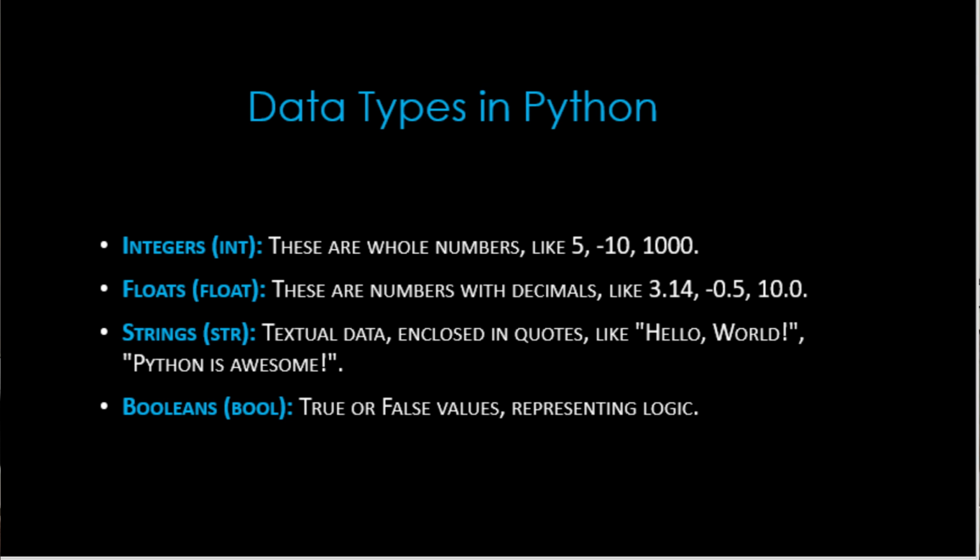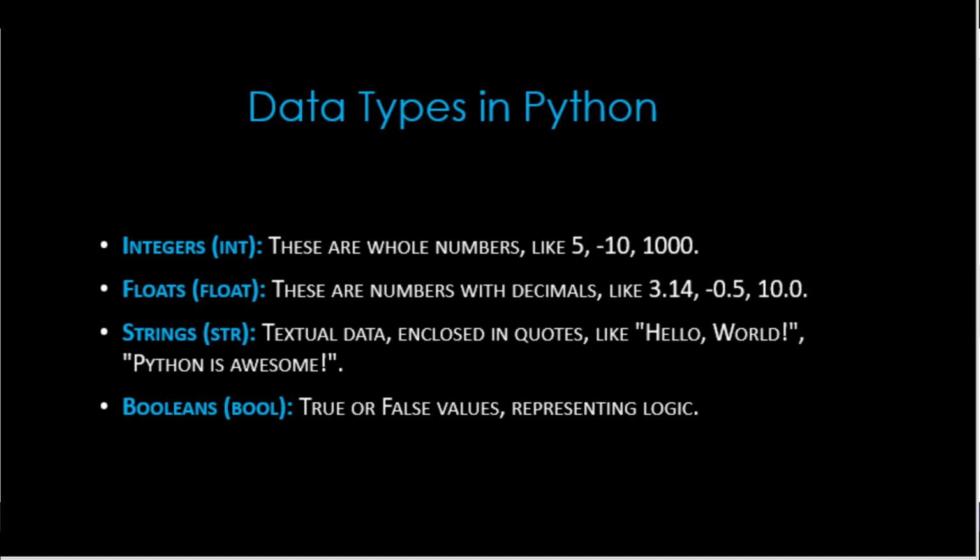Also, we've got textual data with single quotation or double quotation, and that is called strings. Finally, we have booleans. Boolean is only these 2 values, true or false. This is to represent logic, true and false.